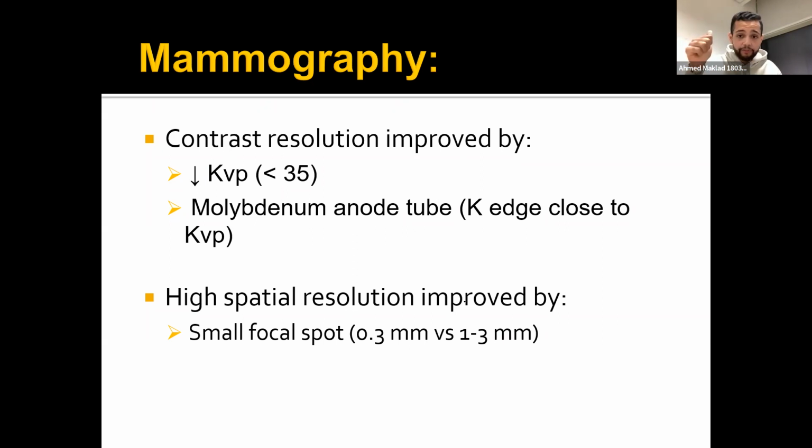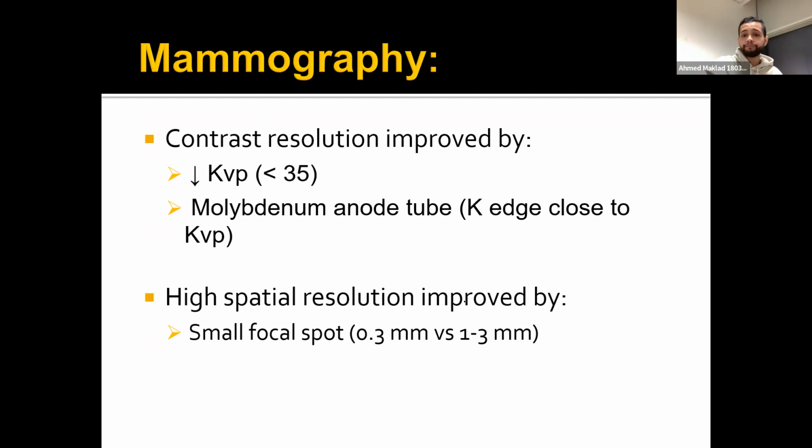It decreases KVP, so it decreases Compton scatter, so it improves the image quality. It also decreases the focal point of that slit to 0.3 millimeters instead of 1, 2 or 3 millimeters. That's basically how mammography gives you a better image quality.